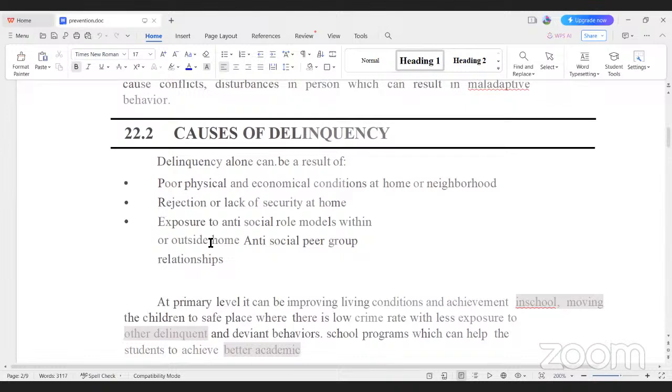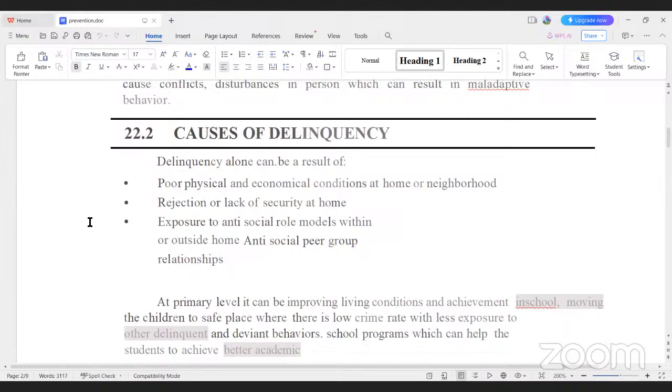And the next is causes of delinquency. In children particularly, poor physical and economic conditions at home and in the neighborhood. They will get some neglect from others. It will create some mental health issues, some pain.